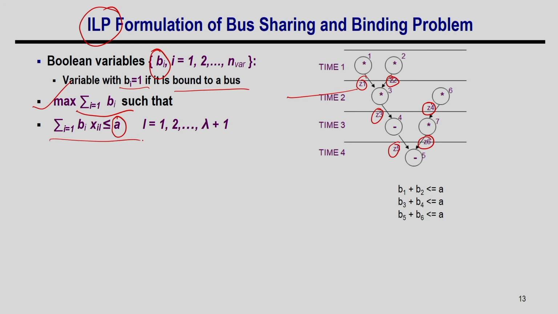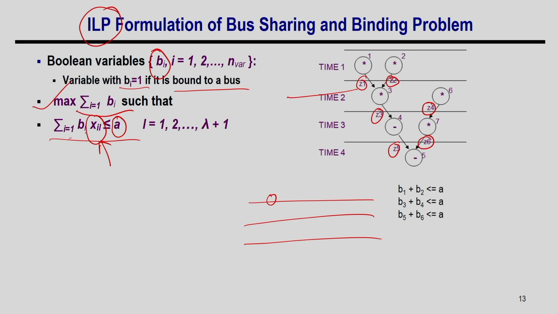As I mentioned, in a particular state, that is, in a timestamp, one bus can transfer only one data. So, the total data transfer requirement of every state must be less than or equal to this fixed number of buses. How can I find that out? This x tells which operation is mapped to which timestamp.